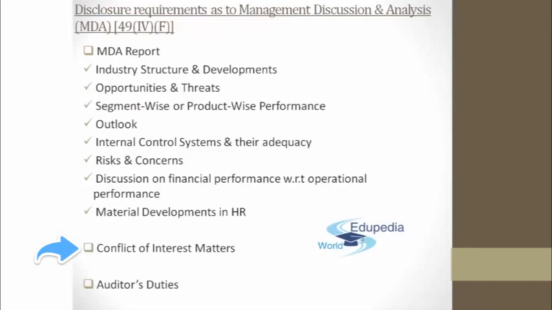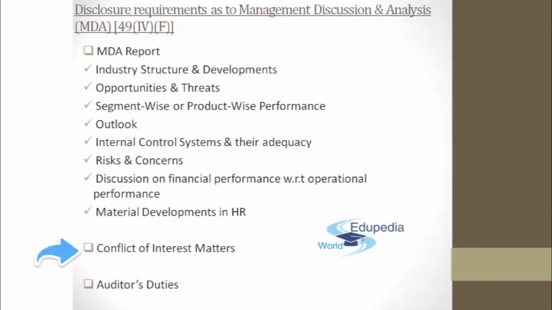Let's suppose you as a senior management personnel are dealing in some of the company's share, commercial dealings with the bodies which have shareholding with the management and their relatives. Don't you think that's going to affect the interest of the company itself? Why? Because you are already holding some of the shares of that company and now you want to deal on behalf of that company with your company. So definitely that's going to create a conflict of interest for the company. That will also be disclosed in the management discussion and analysis report.